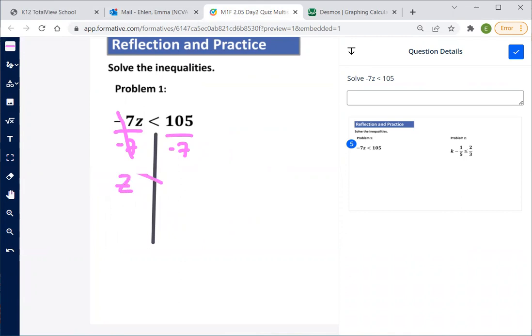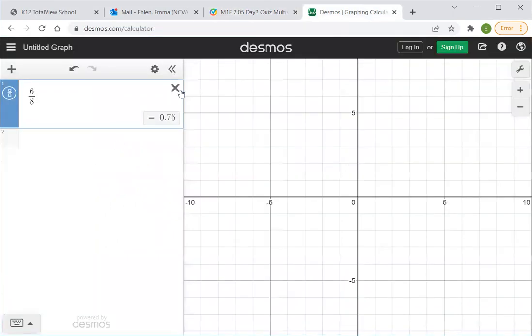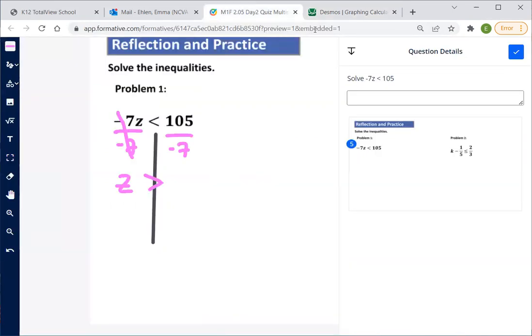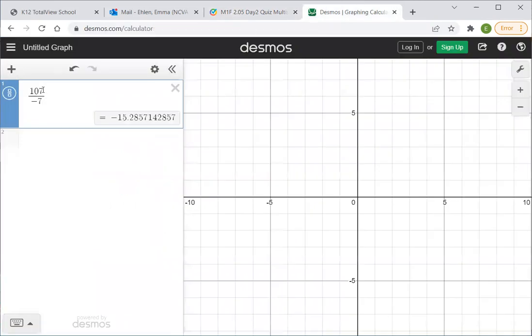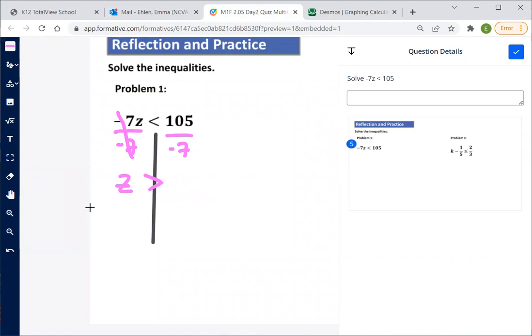So we need to flip the sign. 105 divided by -7, something tells me it's -15. That goes into the box. So z is greater than -15.